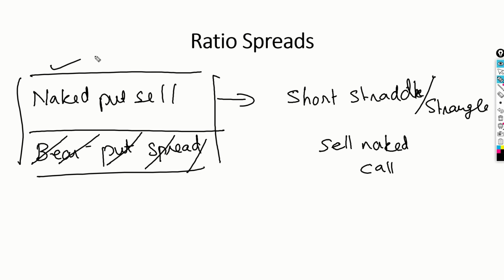We are not going to touch this ratio spread. That means we are only left with a naked call position, which we are going to handle by converting this into a short straddle or a short strangle. There are a lot of essential things which I would like to cover before I close this video.